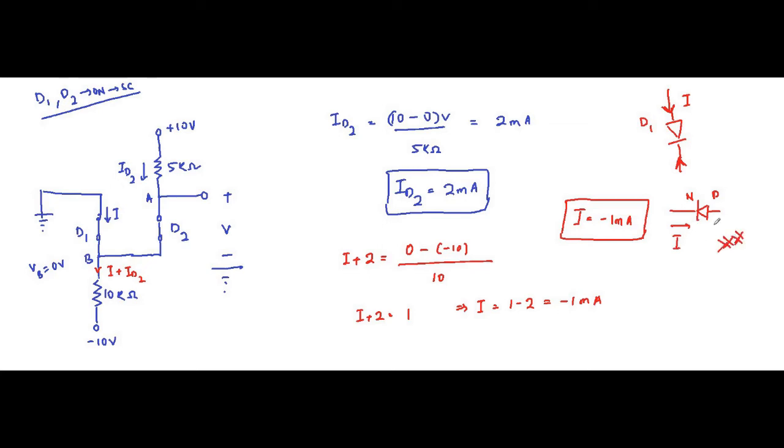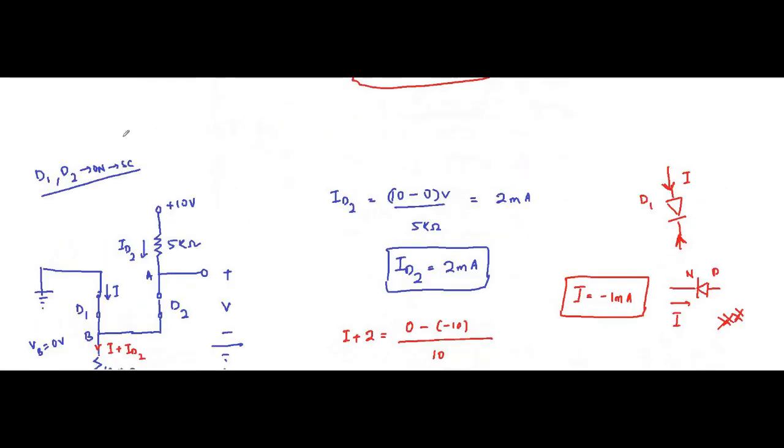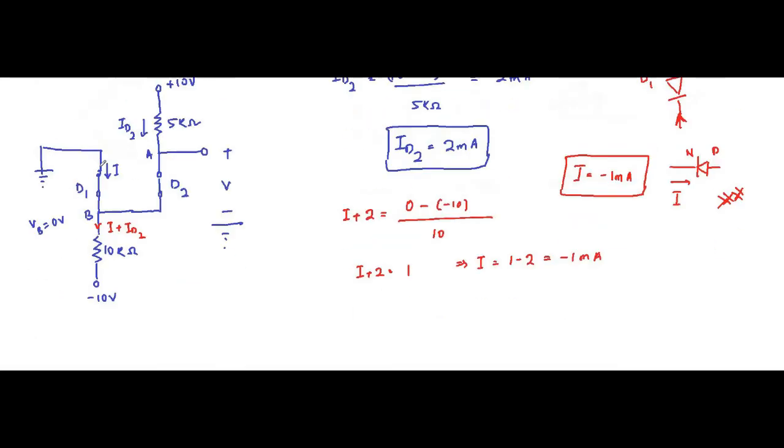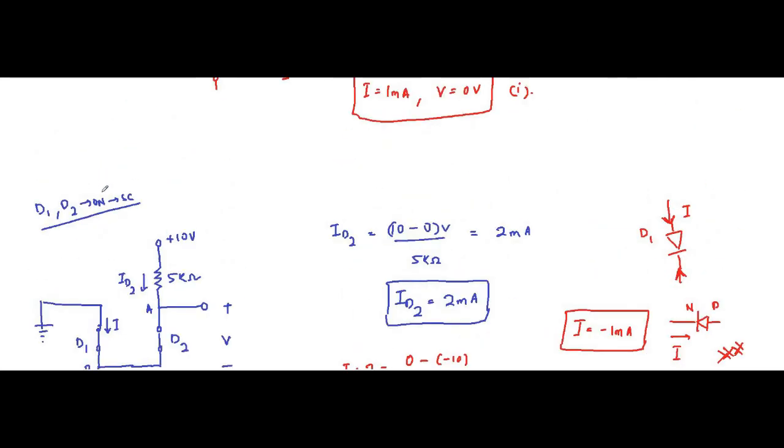So it means our assumption that both D1 and D2 are on is wrong. So now we have to change our assumption. Let us go with the assumption that D1 is off and D2 is on.